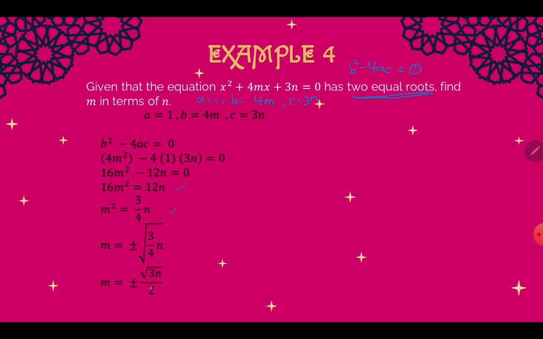So how does the final answer become m equals positive, negative square root of 3n over 2? Because the square root of 3n over 4 also means the square root of 3n over the square root of 4, and we know that the square root of 4 is 2. That is why the answer is m equals positive, negative square root of 3n over 2. Okay, simple, right? Let's move on.